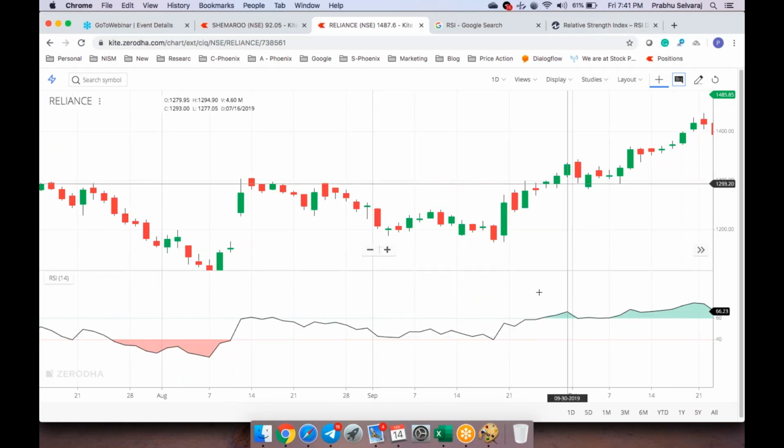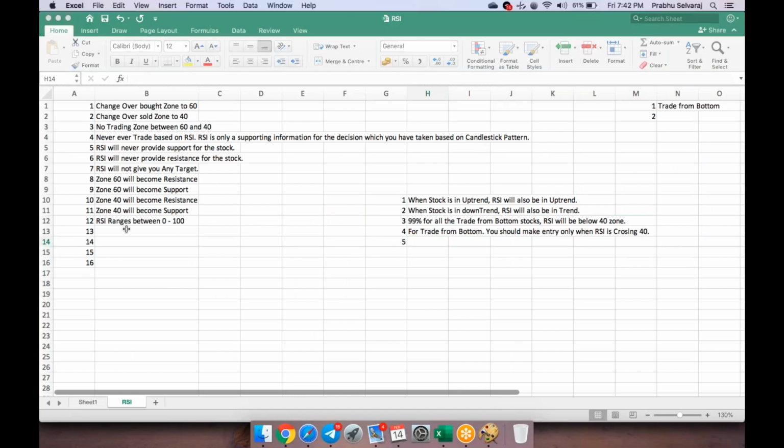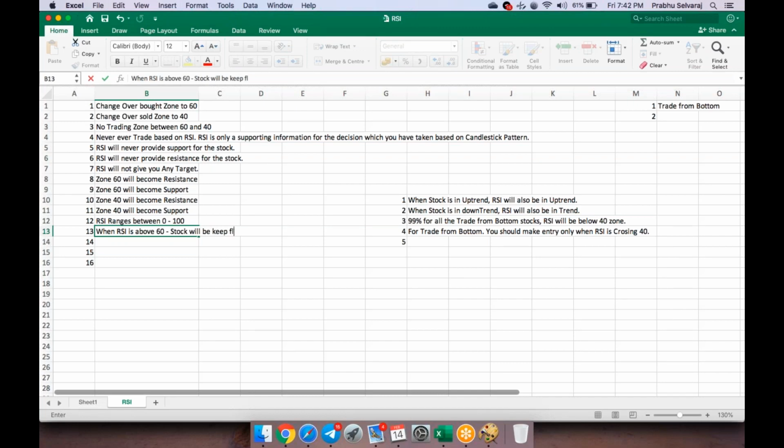The one more very important thing you have to learn about RSI. When RSI is above 60, the stock will keep flying.